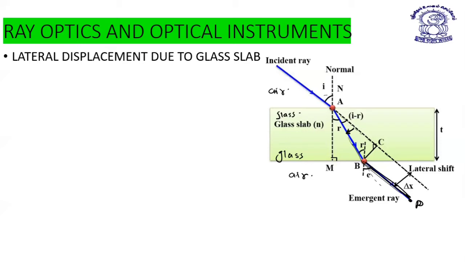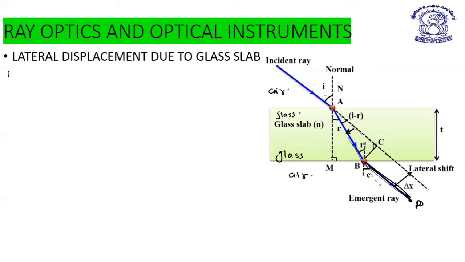Here we will prove that these two paths are parallel. So light is simply laterally shifted due to the glass slab. So let us first prove that these two light rays are parallel to each other.